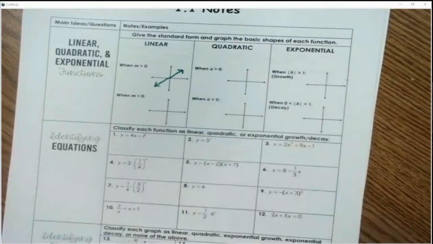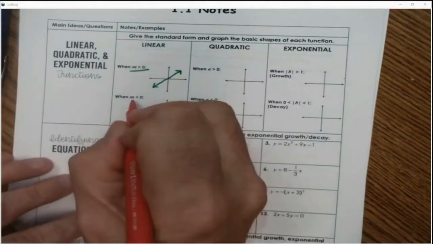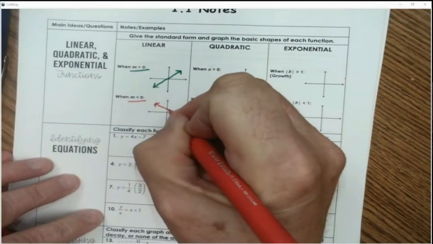It's going to be going up as it goes right. But when m is less than 0, we've got something that goes downward as it goes right.